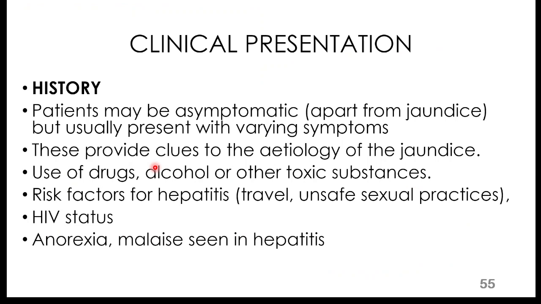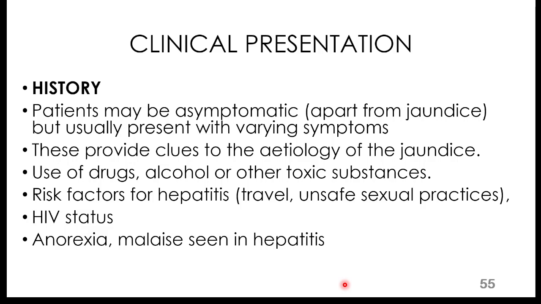Now, the history. Patients may be asymptomatic apart from jaundice, but they usually present with varying symptoms. The symptoms will depend a lot on the particular cause, the etiology of the jaundice. So for the clinician, we have to ask questions to try and find out the possible causes. We ask about the use of drugs, alcohol, other toxic substances.